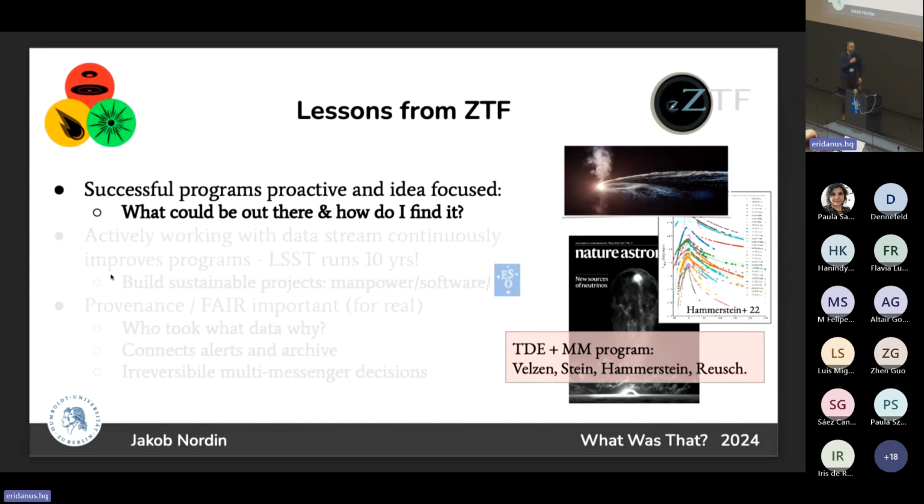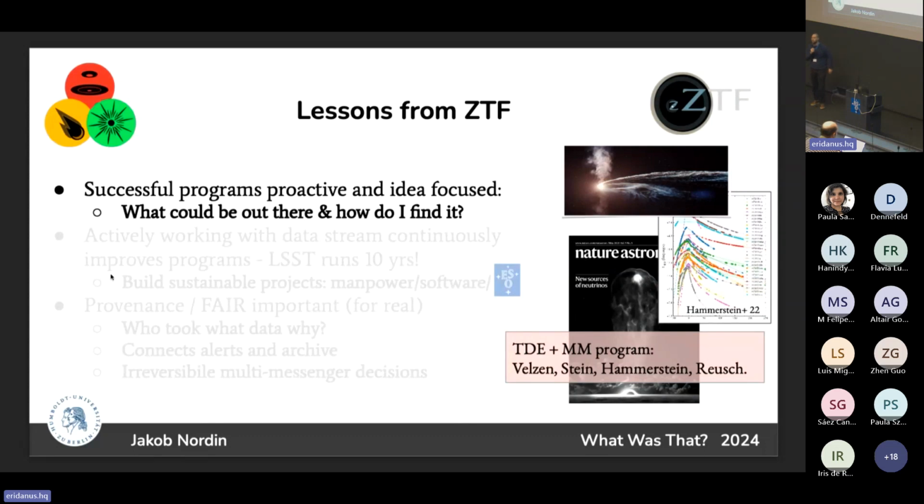So the example I'm showing here is the search for tidal disruption events. Before ZTF, there were not many known, but there was a group of people that, based on the knowledge then, designed models for how to look for TDEs, implemented them, and then very systematically found candidates and followed them up with spectroscopic programs. And this was very successful, going from small samples to large samples that we can now subcategorize and so on.